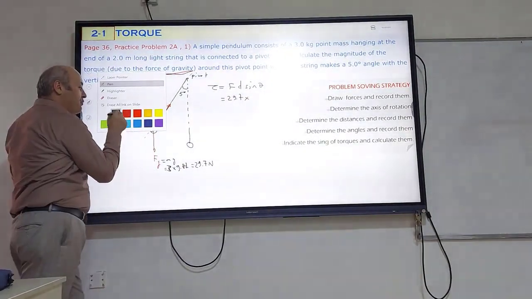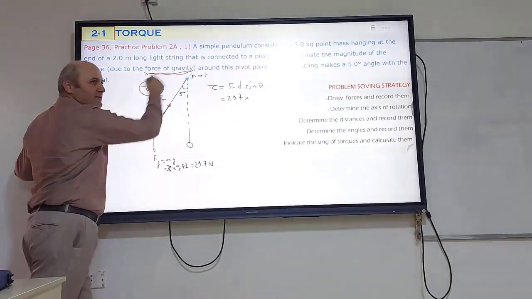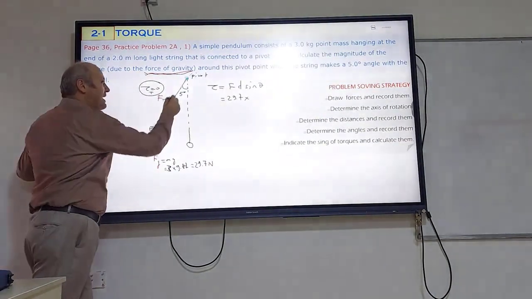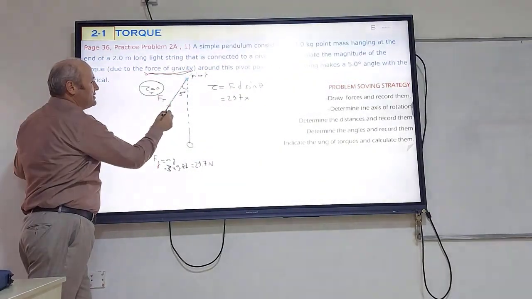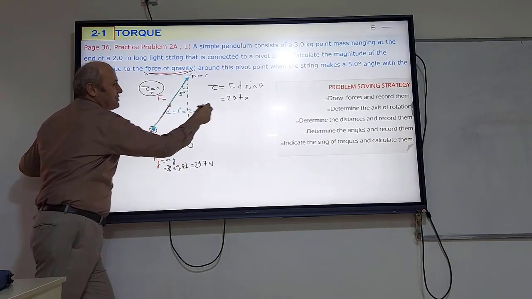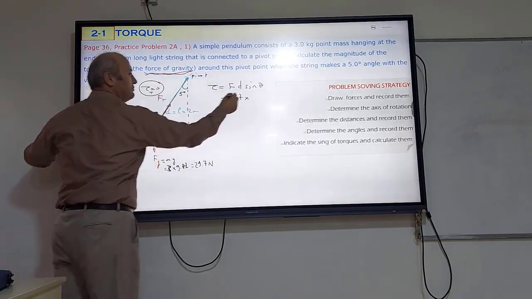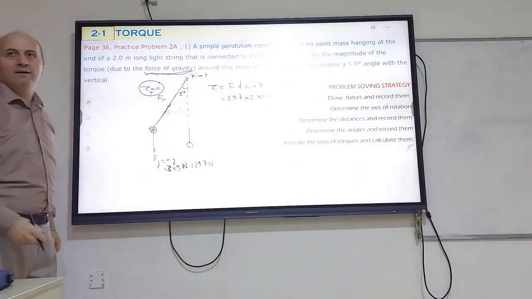Draw a line from where the force acts until the axis of rotation. This line is the distance. It is the length of the string. d is equal to L. How much is the length of the string given? 2 meters. So distance is 2 meters times sine of angle theta.